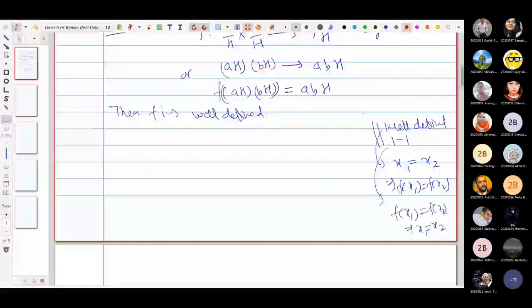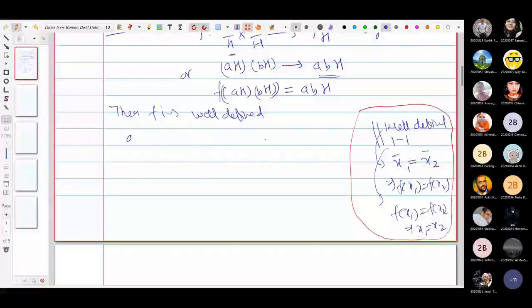You can verify it. You now have the operation, so you can take different elements and try it out. You need to take elements in the domain, and then verify that the images are also the same.